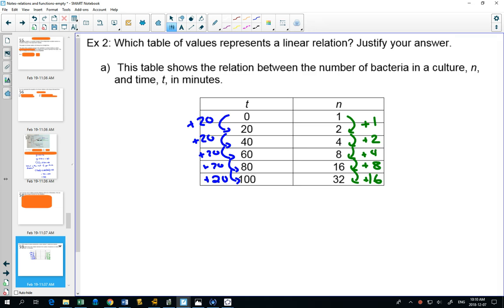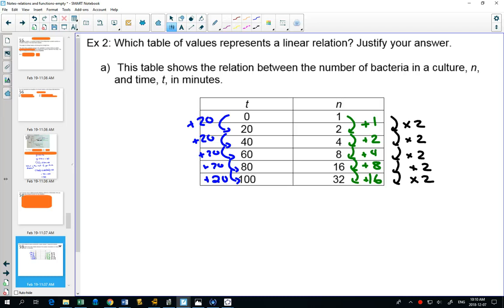Even though you're right, the pattern is that we're multiplying by 2. But multiplying by 2, even though you're doing the same thing each time, isn't a constant increase. A constant increase means that you're adding the same amount each time.